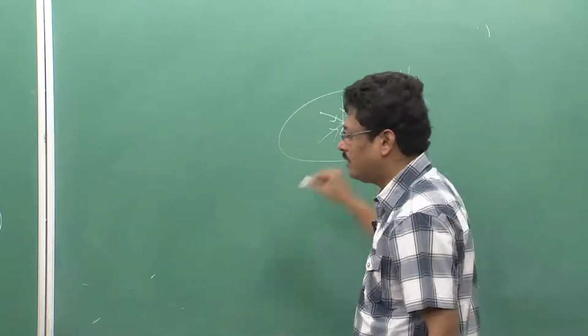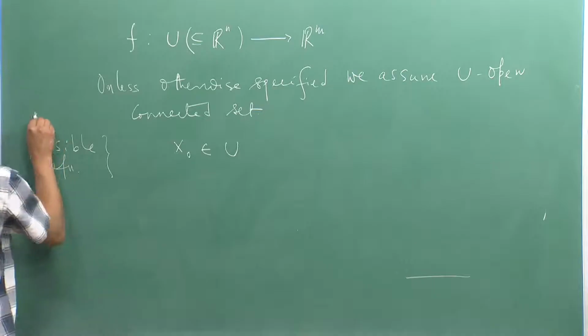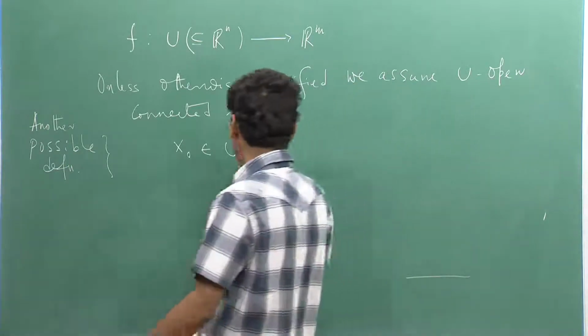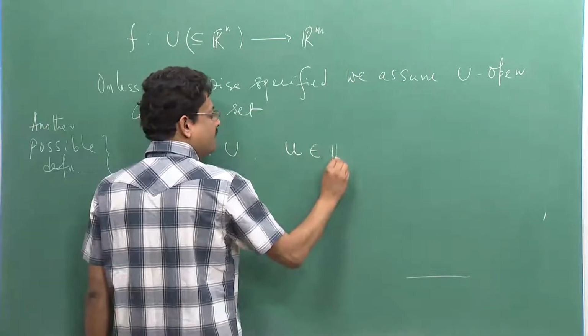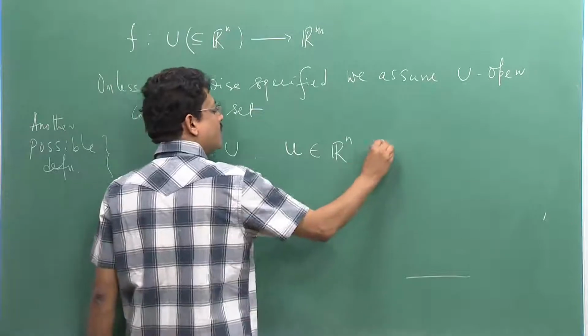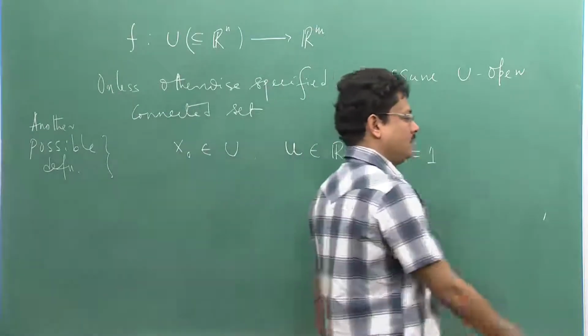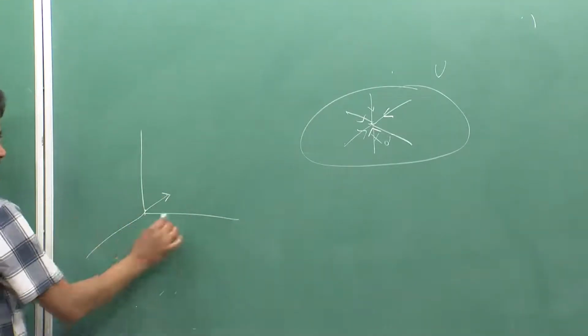That is what I mean here, another possible definition. Okay, x naught is in U, and I take u in R n a norm 1 vector that will define a direction, right. Any norm 1 vector defines a direction.